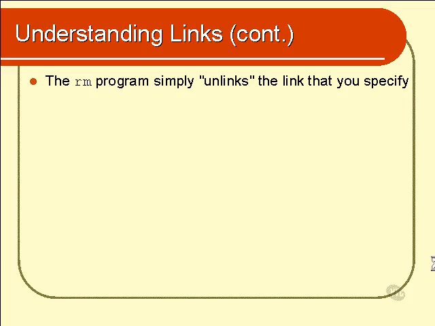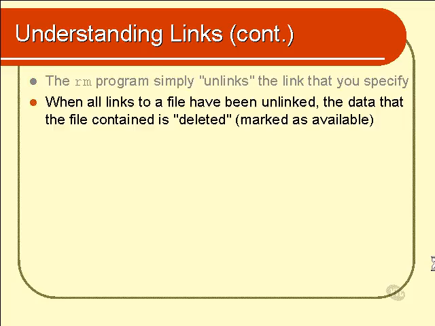So what happens is, when all of the links to a file have been unlinked, or deleted if you like, at that point the data is then deleted. And the way Unix deletes a file is the way most other operating systems delete a file. They simply mark that space, they mark that block as being now available for other files to use if necessary.